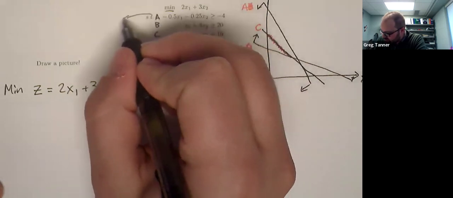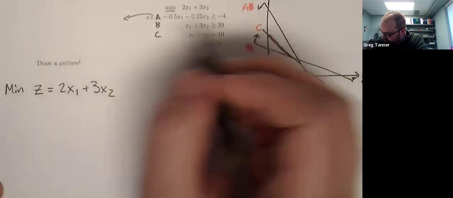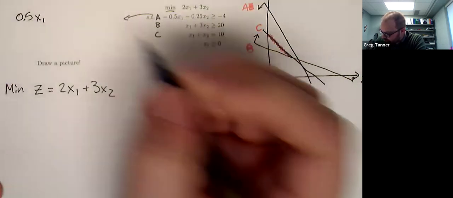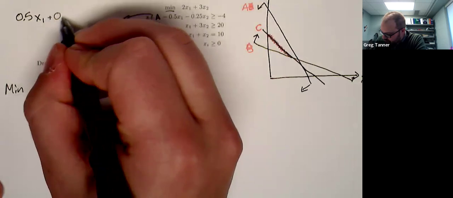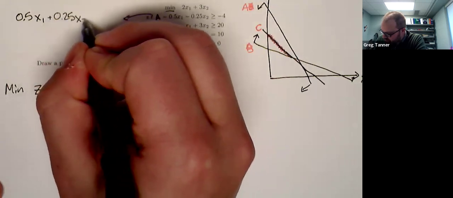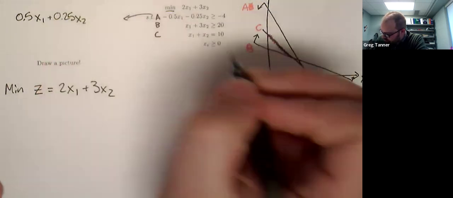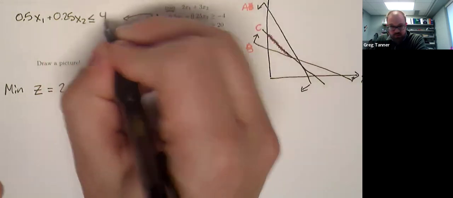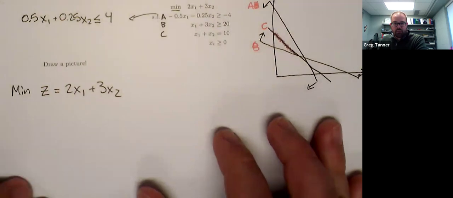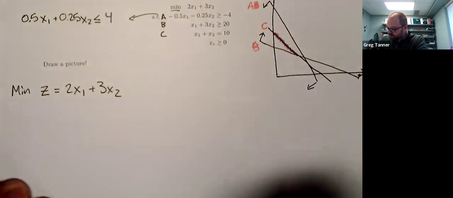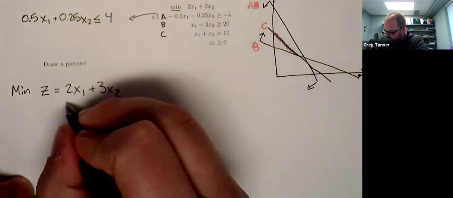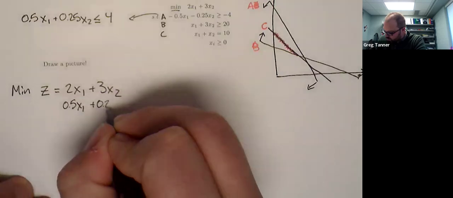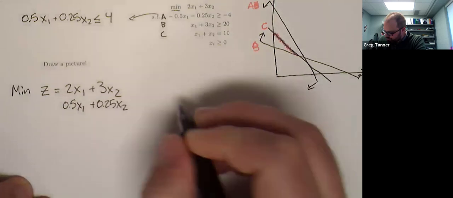And so this constraint A, once we multiply through by negative, becomes 0.5 x1 plus 0.25 x2, we flip the inequality, is less than or equal to 4. So I multiplied that through all by -1. And so then copying that down here, 0.5 x1 plus 0.25 x2.